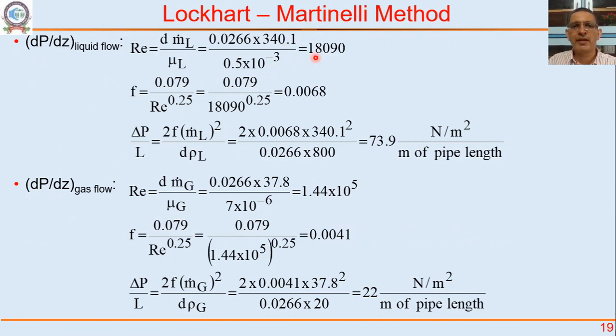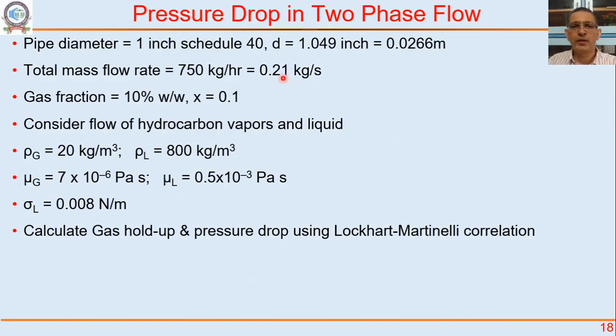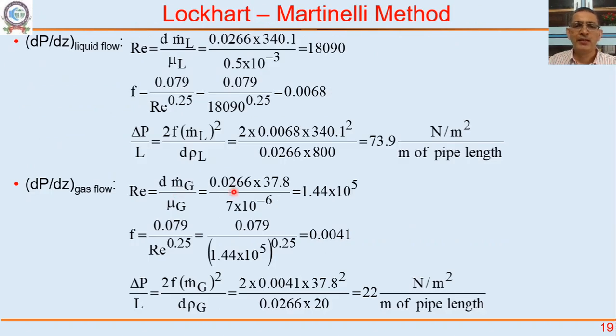So the Reynolds number we can calculate, friction factor we can calculate, and then delta P by L for the liquid only we can calculate. In the same way, the mass flow rate of gas we know, 0.21 multiplied by 0.1 divided by the cross-sectional area, that will give you the gas mass flux. Reynolds number we can calculate, friction factor we can calculate, delta P by L for the gas we know.